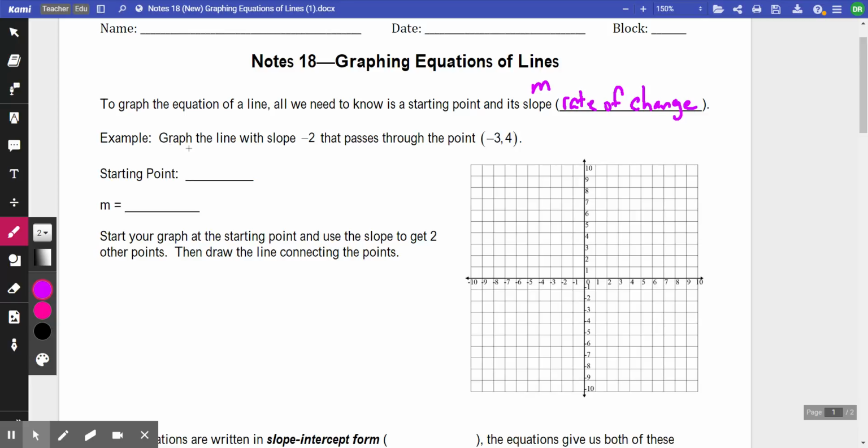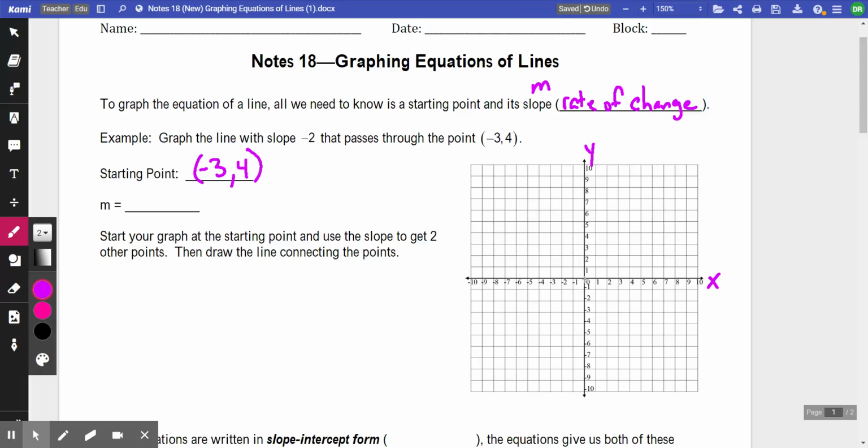Okay, so this first example says graph the line with slope -2 that passes through the point -3, 4. So -3, 4 is on this line. That's my starting point. Remember when you graph a line, 0, 0 is your origin, -3 is your x-coordinate, and your x-axis is this horizontal axis, and your y-axis is the vertical axis.